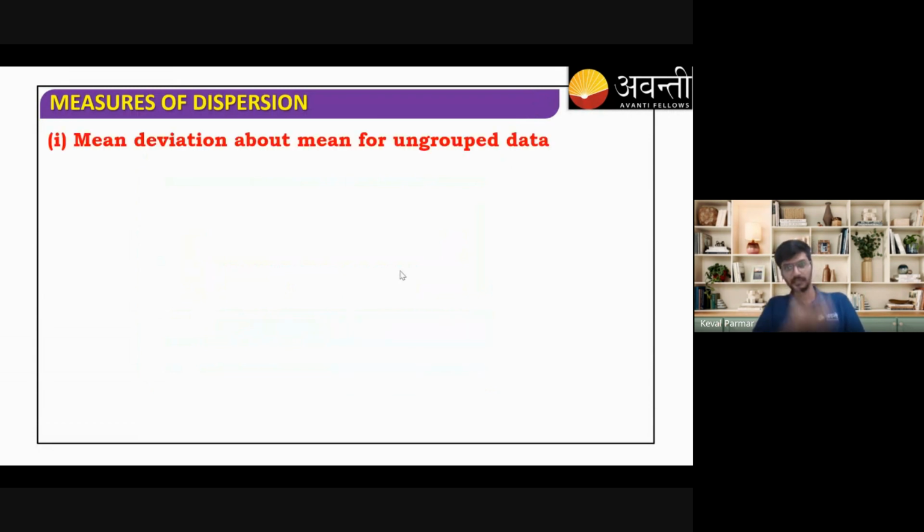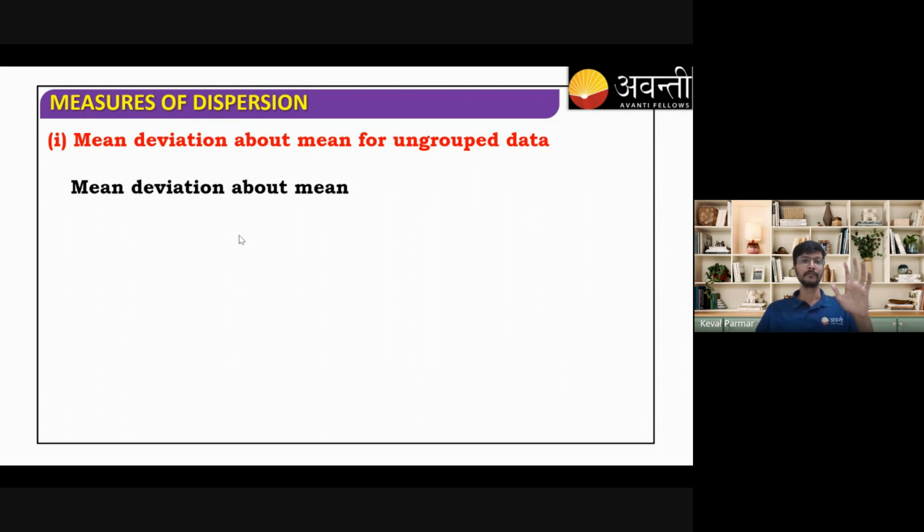Mean deviation about mean for ungrouped data. Let's see how to get this mean deviation about mean. How to calculate mean deviation? We first get the mean. After getting the mean, we subtract the mean from all the values of the observations to get the deviation.